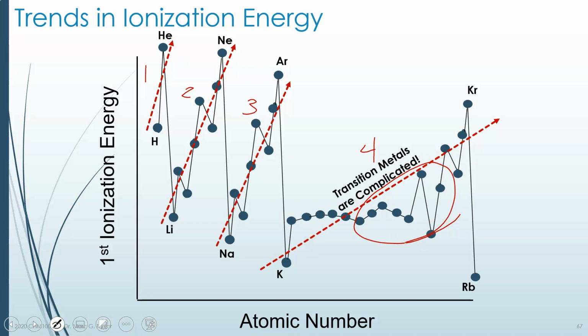But you see in each row, the left side of the row, hydrogen, has a lower ionization energy than the right side. Noble gases like helium, neon, argon, krypton, they're hard to remove that outermost electron. They don't want to lose an electron. They have a full row filled with electrons, and in terms of the electron configurations that we talked about, the most stable configurations are when an entire row is filled with electrons.